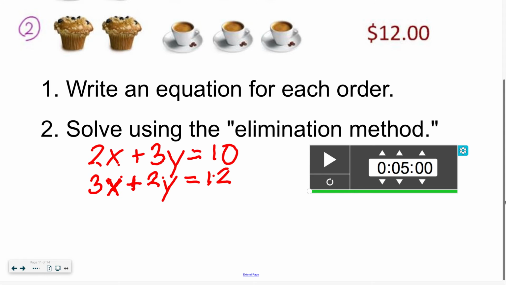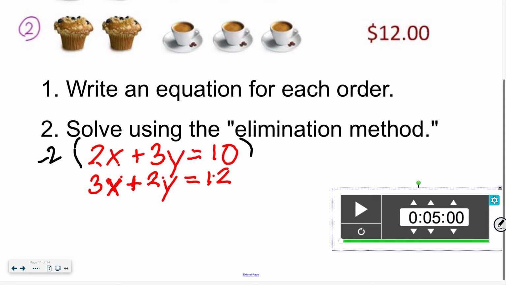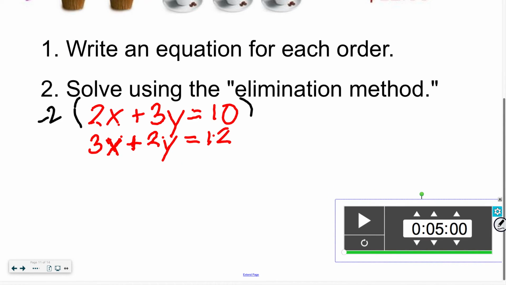The first equation, Leo multiplied everything by -2. Okay. What did you get? Wait, no, sorry. No, -3. -3? All right. He wants to multiply by -3.